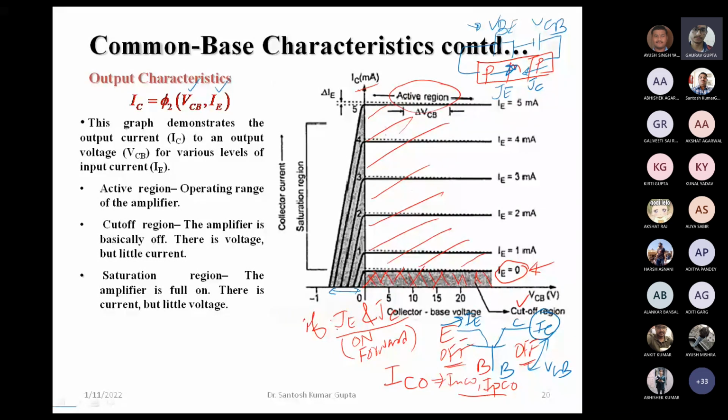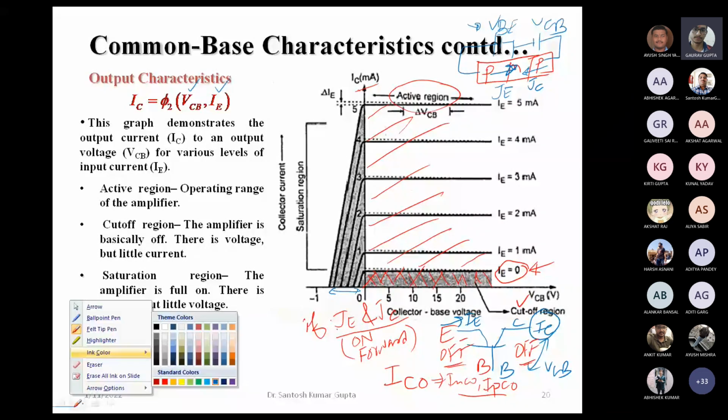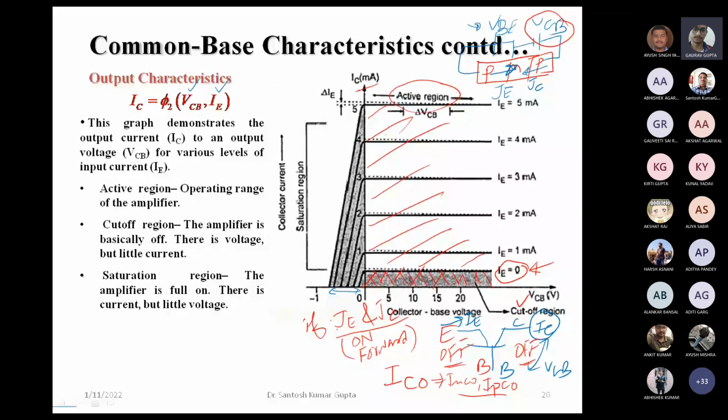Negative voltage means the opposite polarity of the voltage source as shown here. Reverse bias voltage means the polarity of the voltage here is going to change. So this reverse bias voltage is being called a positive voltage, and the forward bias voltage is being called a negative voltage.